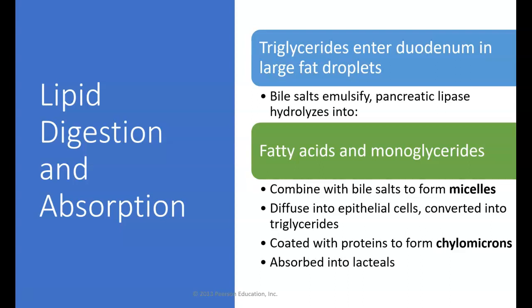So these fats will combine with the bile salts to form droplets called micelles. They diffuse into the epithelial cells and they'll get converted into triglycerides. And then those triglycerides will get coated with a protein to form chylomicrons, which then get absorbed into the lacteal structures of the villi.